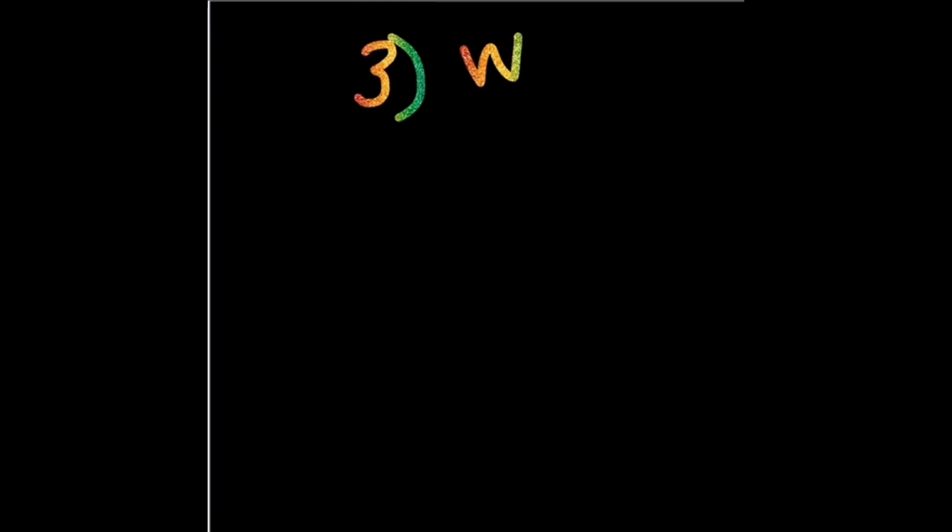Now let's do a couple more. Let's do number 3. w over 2 minus 4 equals 9.